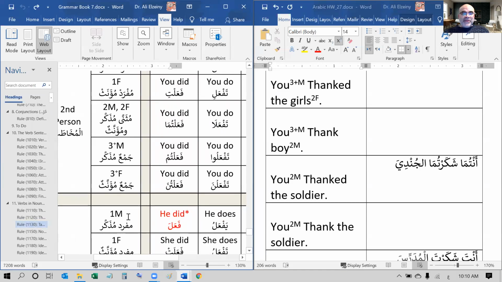That's for third person 1M, always. Third person 1M is the root, always. So shakara is the root, which sounds like fa'ala. And then we need to do it for 2M. You, which is the second person, 2M.